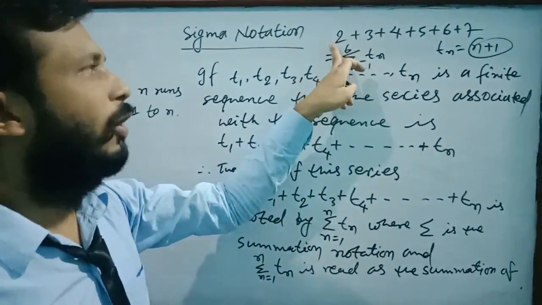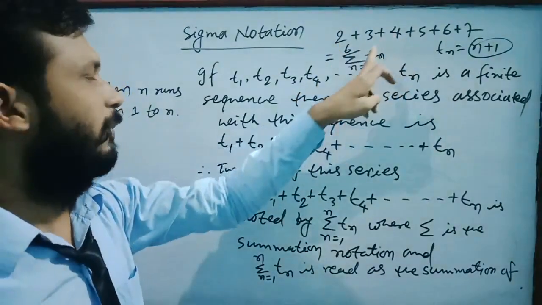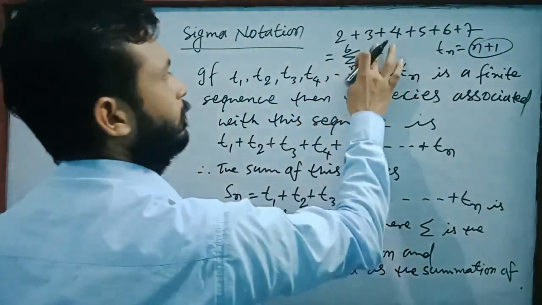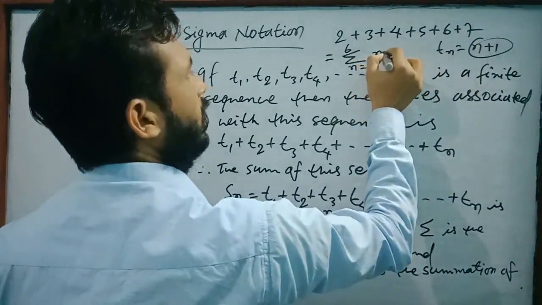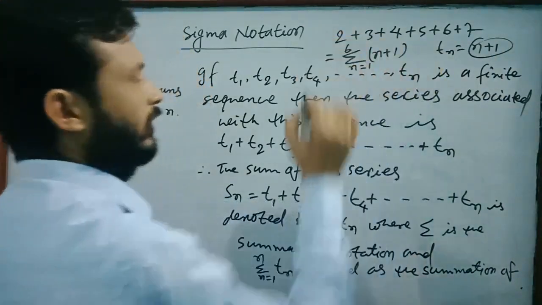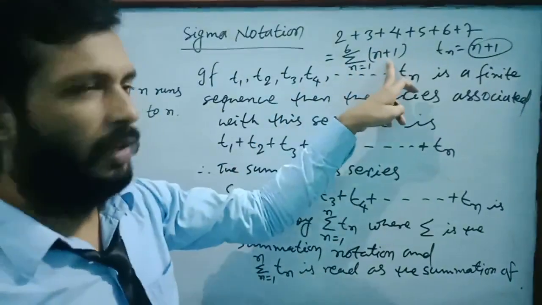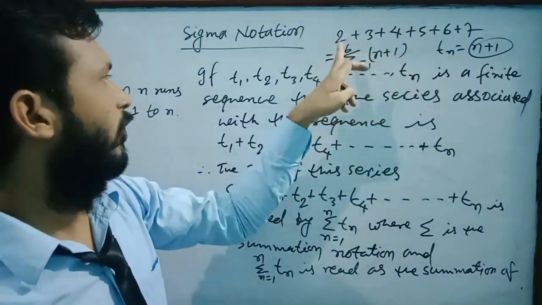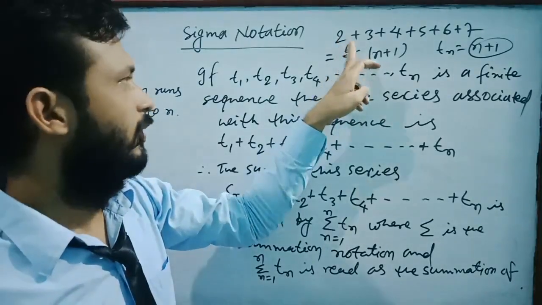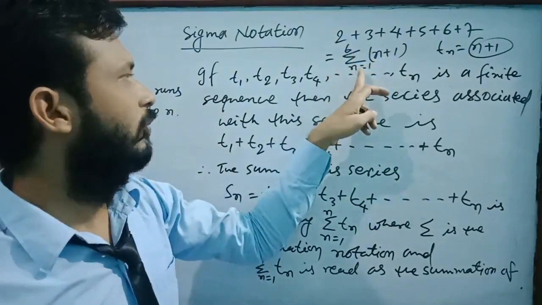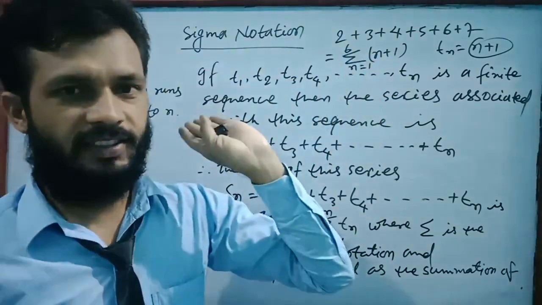So the sum of this series is denoted by summation of n plus 1, when n runs from 1 to 6. Understood?